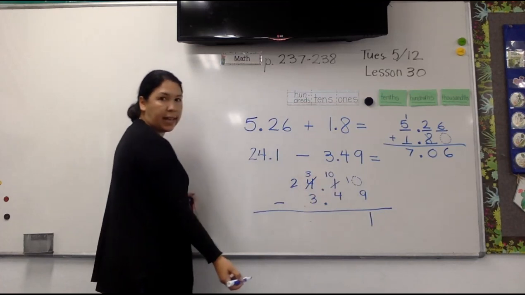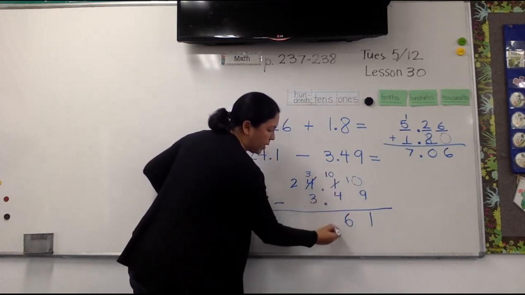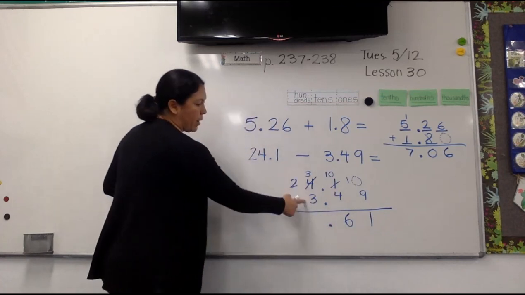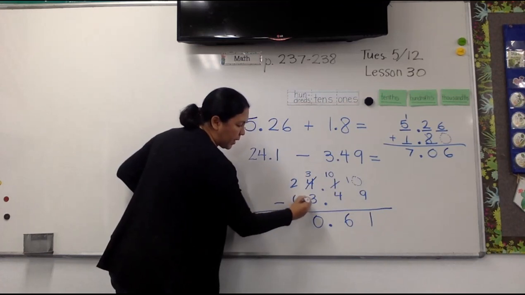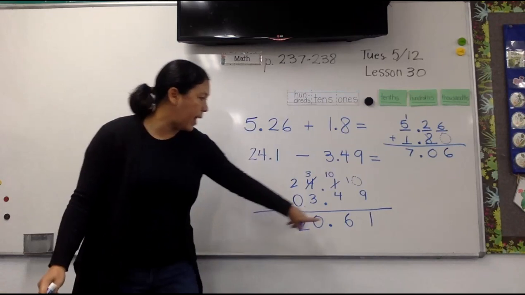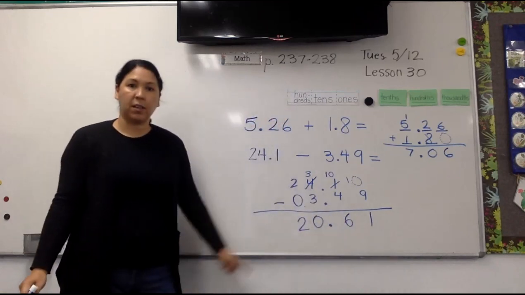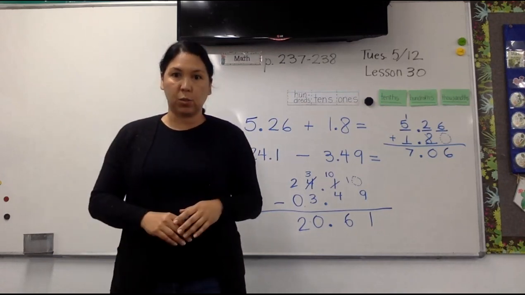Make that into a 10. What's 10 minus 4? 6. Bring down my decimal. 3 minus 3 is 0. 2 minus nothing is, I can technically draw a 0 there if I wanted to, but I don't have to. So this would be 20 and 61 hundredths, 20.61. So you can see why lining up your decimals is really important.